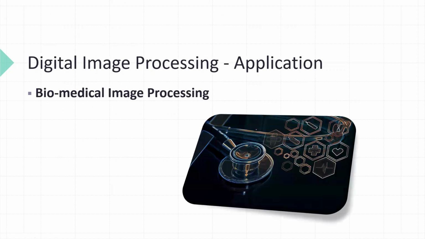The very first thing is biomedical image processing. Biomedical image processing is one of the very important applications of digital image processing, where we tend to identify abnormalities and try to forecast them beforehand, such that we can carry out the treatment and save lives.